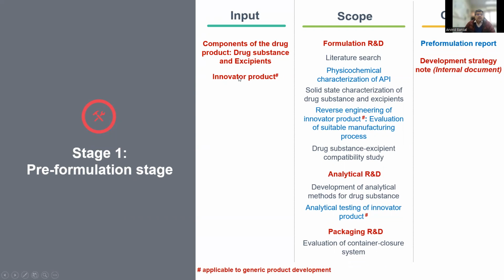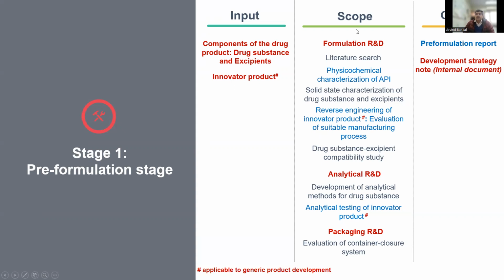The inputs required for stage 1 include components of the drug product, that is drug substance and excipients, and the innovator product in case of generic products. In generic products, we are trying to develop a product that is bioequivalent and pharmaceutically equivalent to the innovator product. That is why the innovator product has to be available for the development of the generic product.